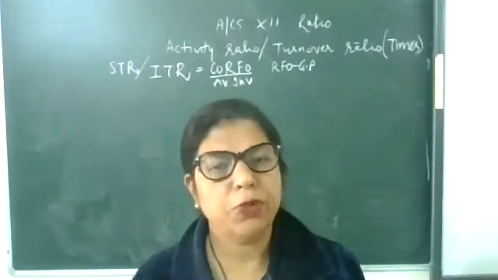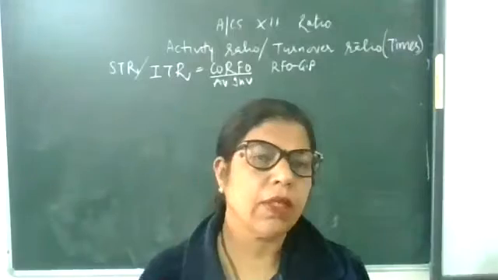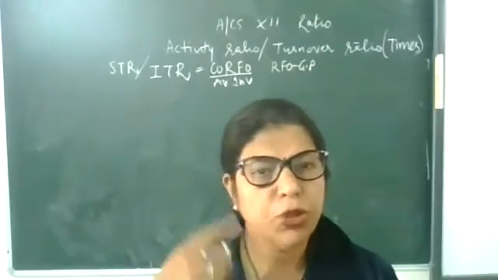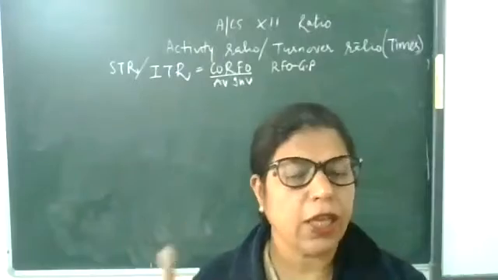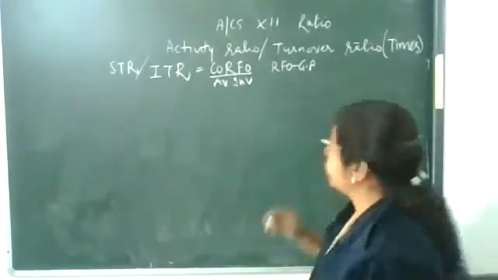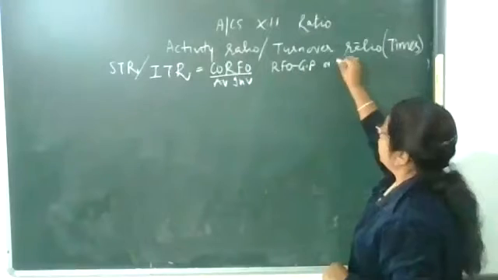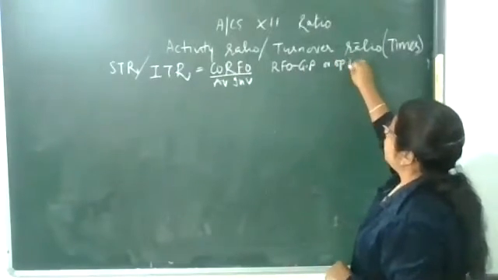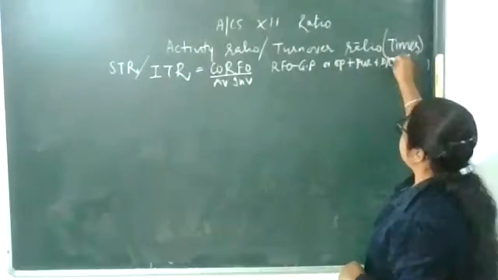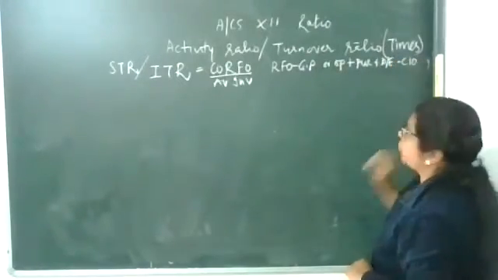Okay, so RFO means sales minus GP. GP means profit. One more formula is there to calculate cost, and that is opening stock plus purchase plus direct expenses minus closing stock.